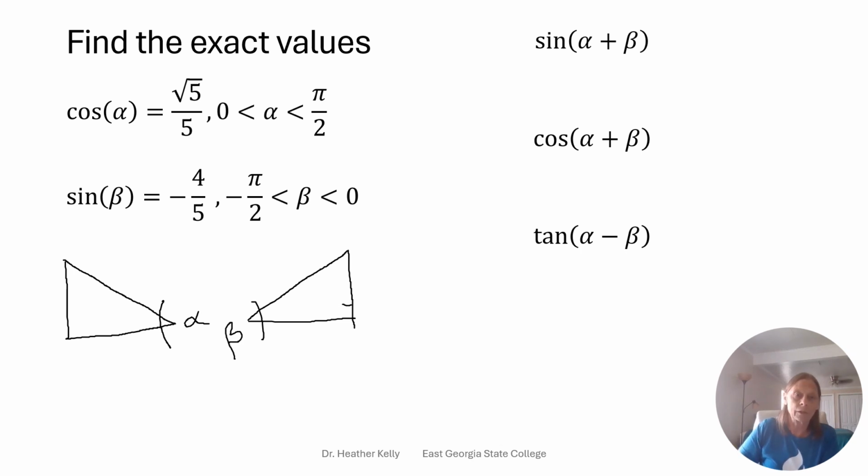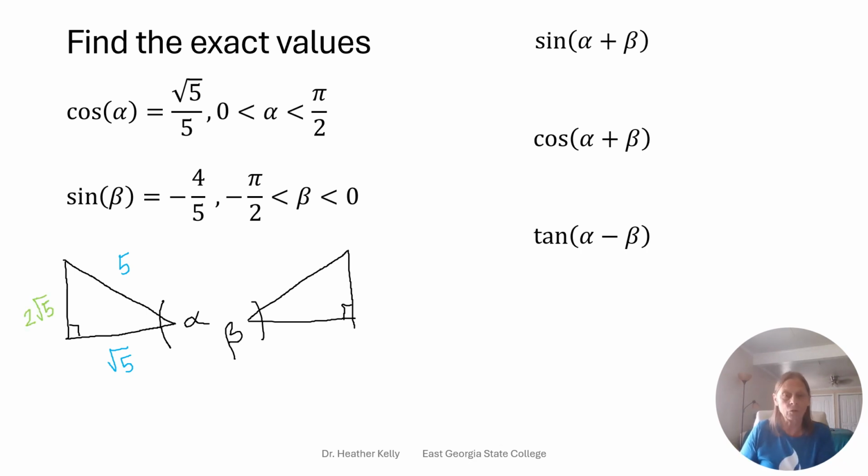Okay, stick in my little right triangles here. Now, let's look at our first one for alpha. Alpha is cosine, which is adjacent over hypotenuse. So we have a 5 here. We have a square root of 5 here. And if you were to do the math, you would find that this is 2 square roots of 5.